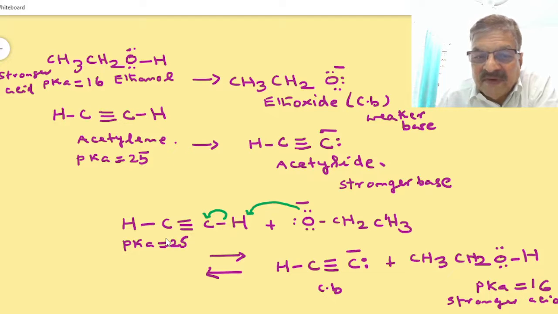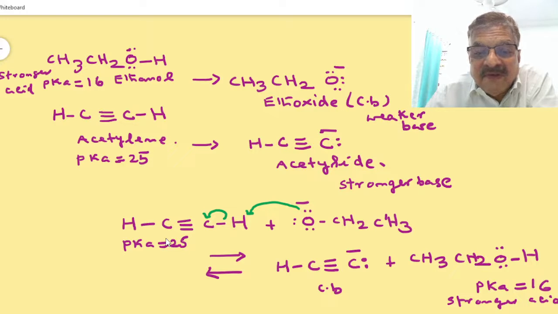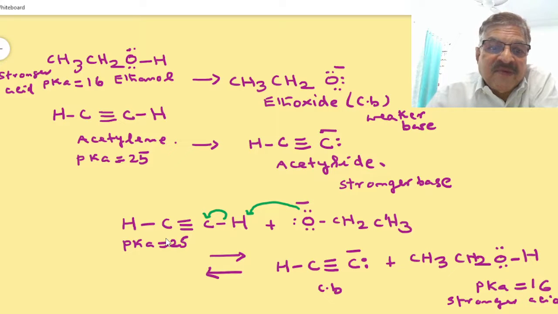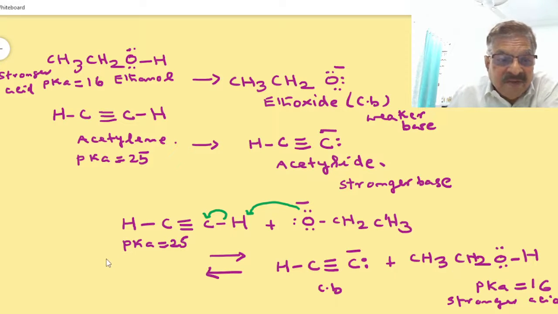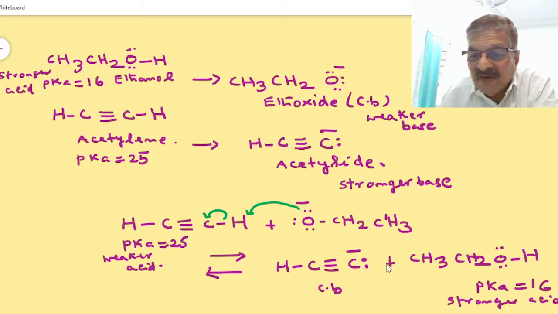Therefore, in this reaction, acetylene reacting with ethoxide, we have to see whether ethoxide is strong enough to remove the proton from here. Which direction will the equilibrium proceed? Equilibrium always proceeds in the direction of the weaker acid and weaker base. Here pKa 25 means it is the weaker acid, compared to ethanol, the product, which is the stronger acid with pKa 16.